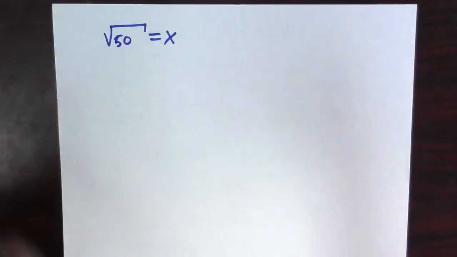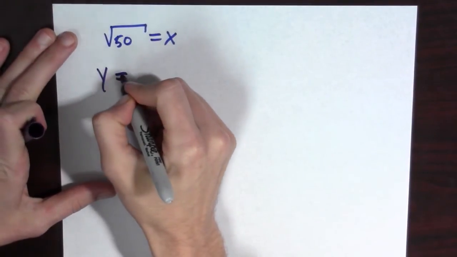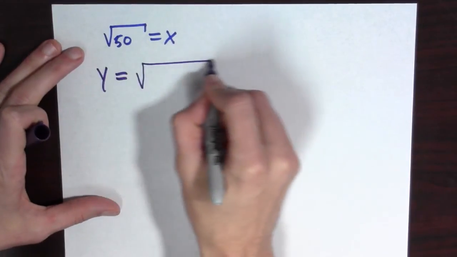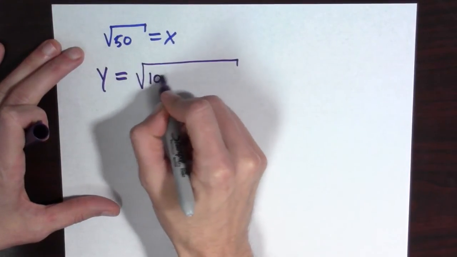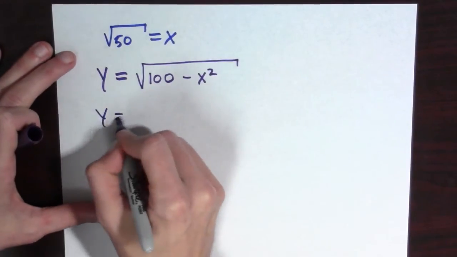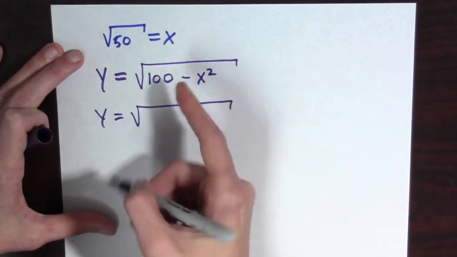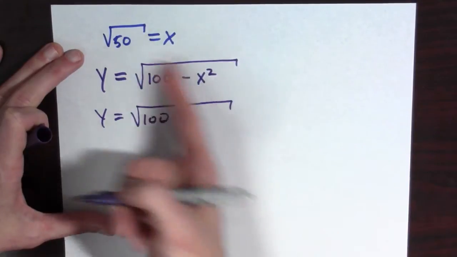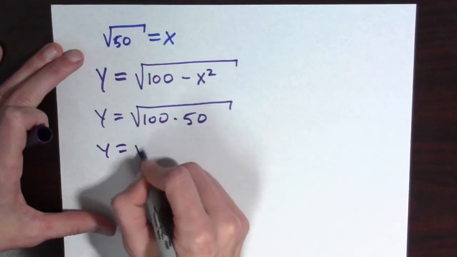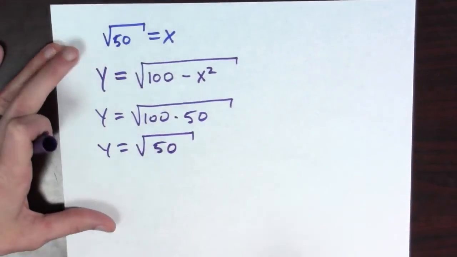Well, remember, y is equal to the square root of 100 minus x squared. So y is equal to the square root of 100 minus 50, the square root of 50 squared, that's minus 50. So y is also equal to the square root of 50.